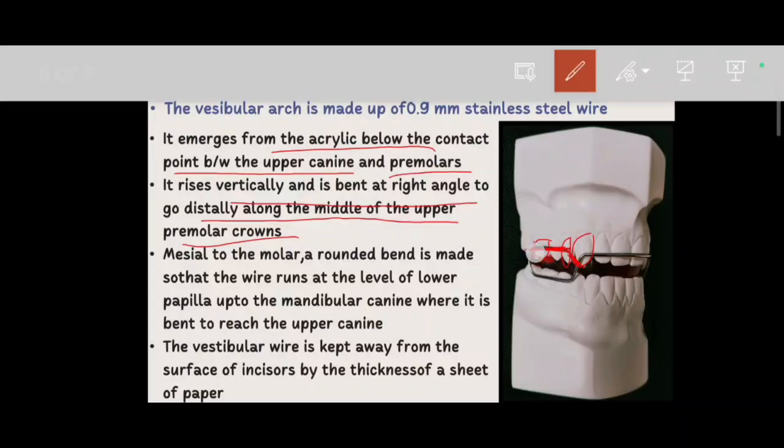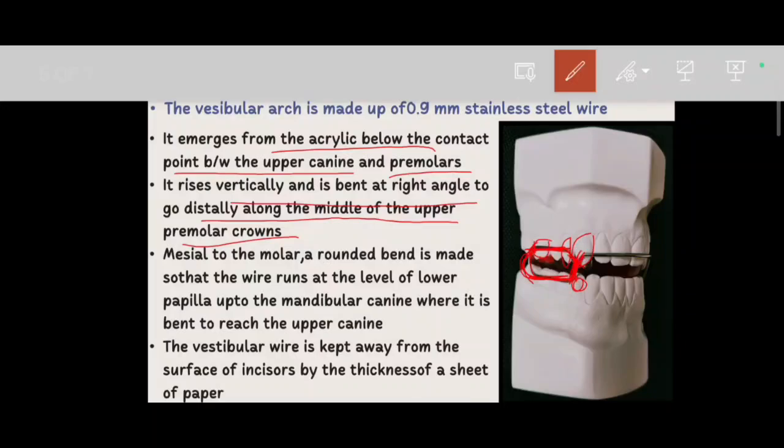Mesial to the molar, a rounded bend is made so that the wire runs at the level of the lower papilla up to the mandibular canine, where it bends to reach the upper canine.